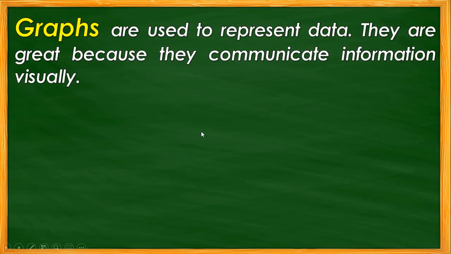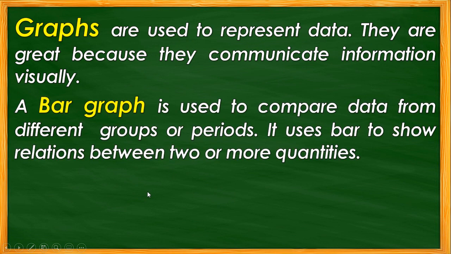Now, let's first define graphs. Graphs are used to represent data. They are great because they communicate information visually. A bar graph is used to compare the data from different groups or periods. It uses bars to show relation between two or more quantities.